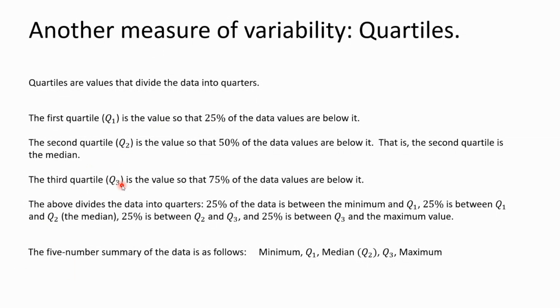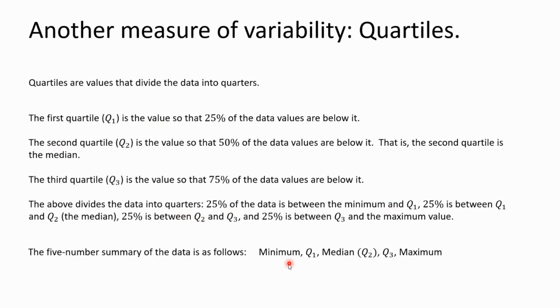We also have Q3, the third quartile. That says 75% of the data values are below it. We will see how to calculate this. But putting this all together, what this is doing is breaking up the data as follows. You have the minimum.